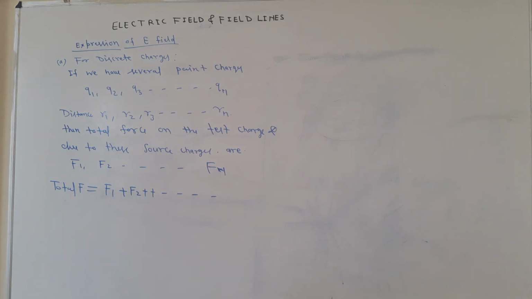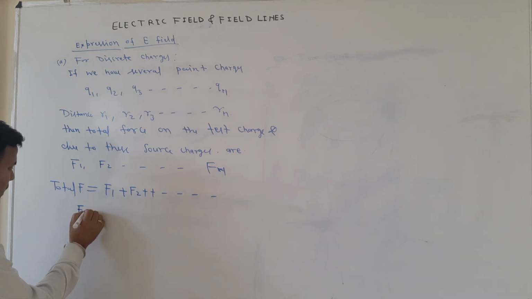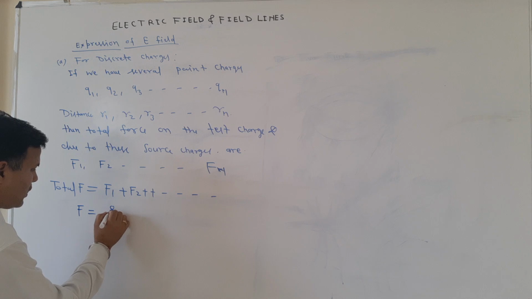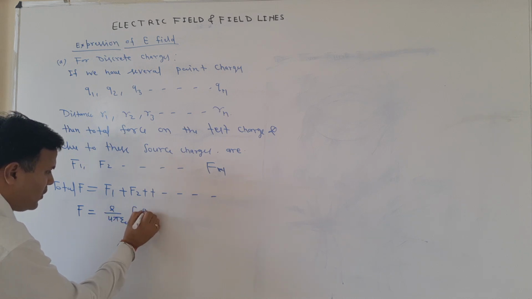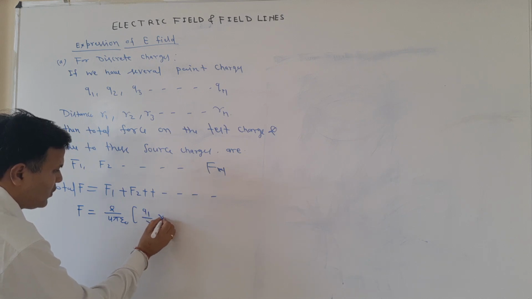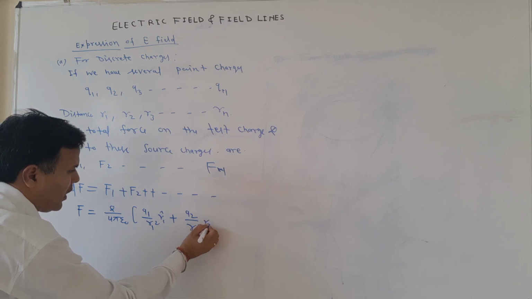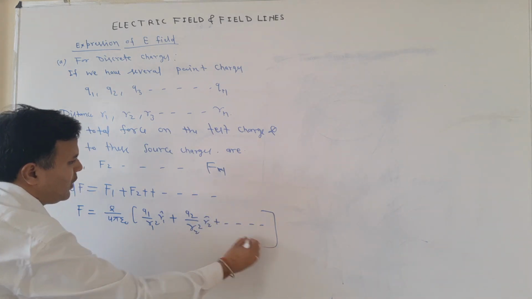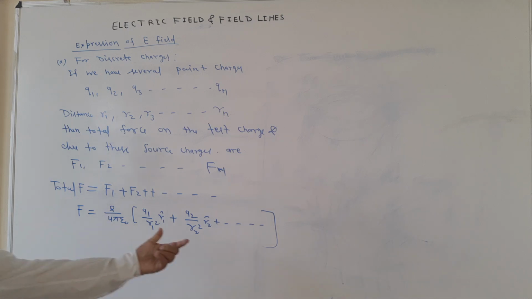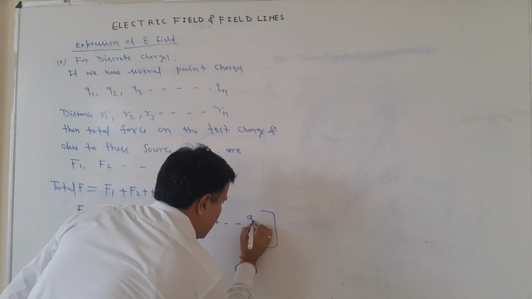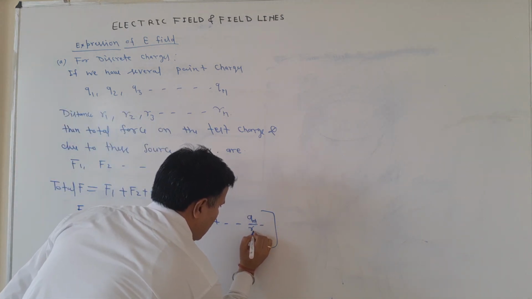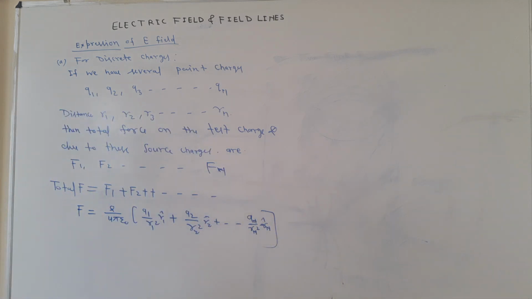We know the force profile: F equals Q upon 4 pi epsilon 0 times Q1 by R1 square R1 cap, Q2 by R2 square R2 cap, plus so on. If you have n charges, then this becomes Qn by Rn square Rn cap.